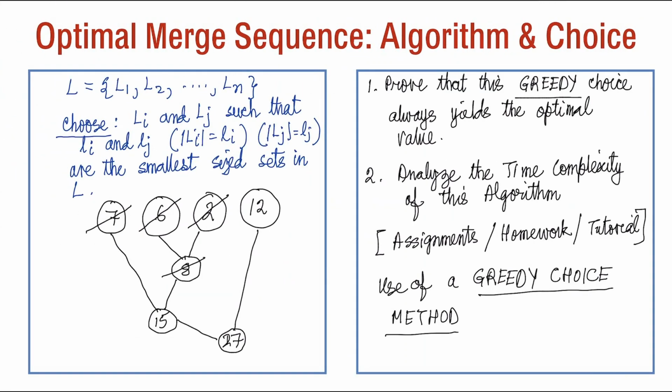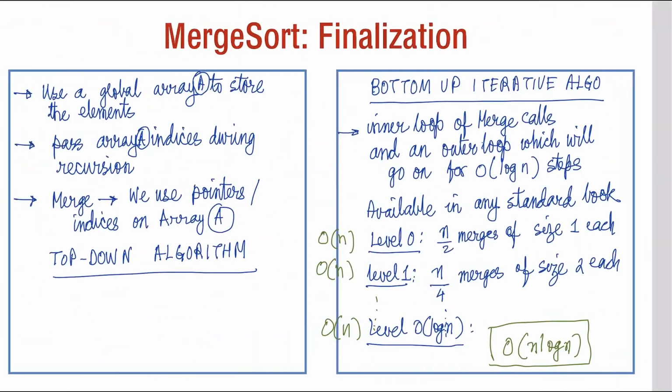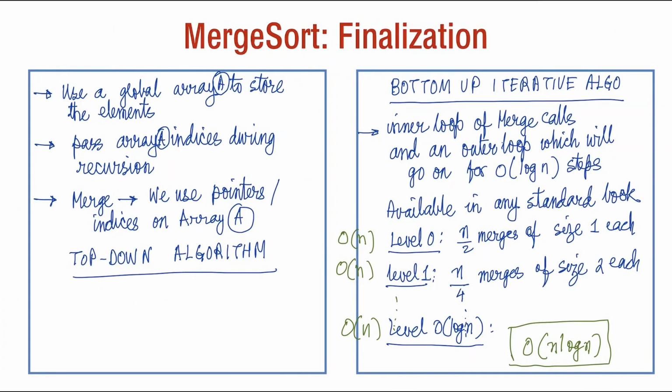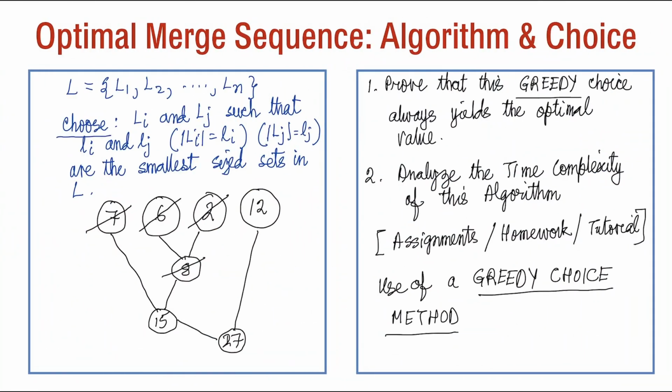Before going to that, let us go back and look at this bottom-up evaluation of merge sort. If you look at the bottom-up evaluation of merge sort, you can see initially all elements of size 2 are done, then all elements of size 4, then all elements of size 8, etc., which is actually following this principle of greedy choice.